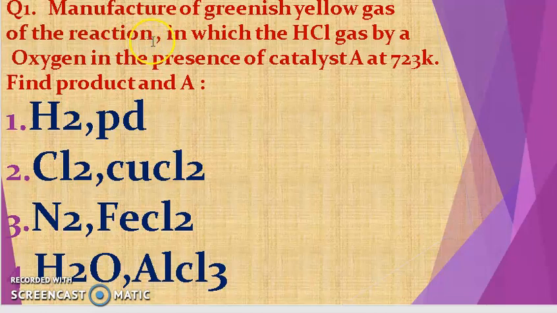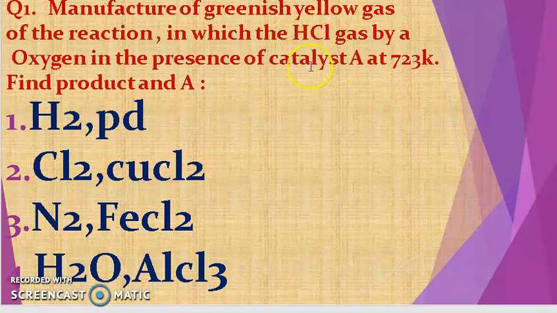So in this reaction, HCl gas reacts with oxygen in the presence of a catalyst. For the manufacture of chlorine there are two processes, the Deacon process and the electrolytic process. These are the two processes to manufacture chlorine that we studied in the 12th standard.